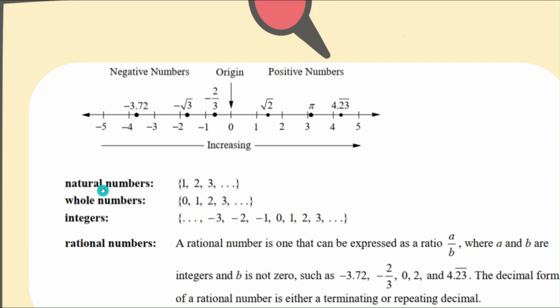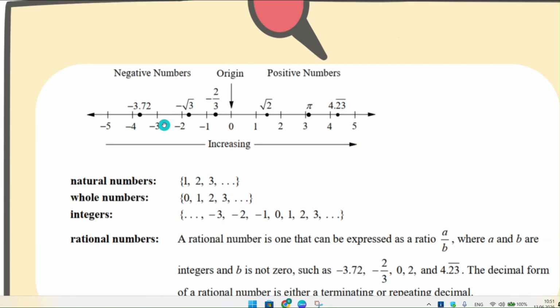When we have integers, they can go from negative infinity to positive infinity, and they must be whole numbers as well. So you can't say that this one is an integer. It belongs to another category.